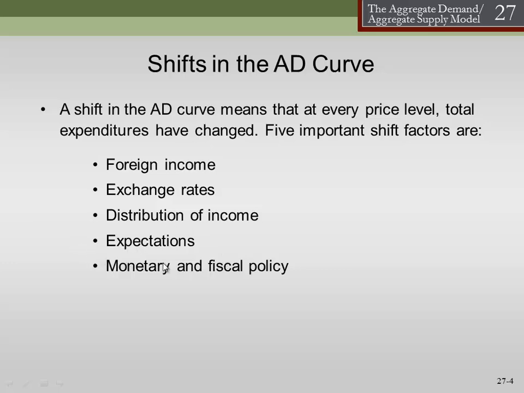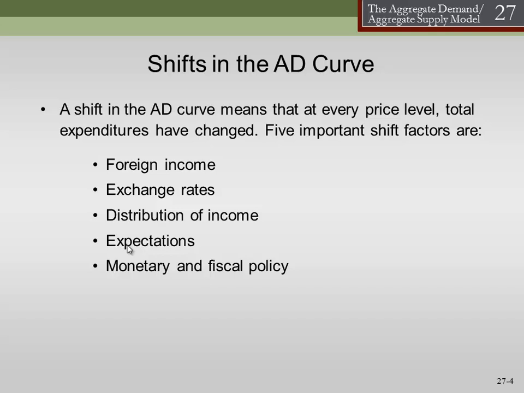Expectations are extraordinarily important. They affect each and every sector of demand. In fact, I think we've talked about this before. Expectations of what will happen to a variable are oftentimes much more important than what actually happens to the variable.